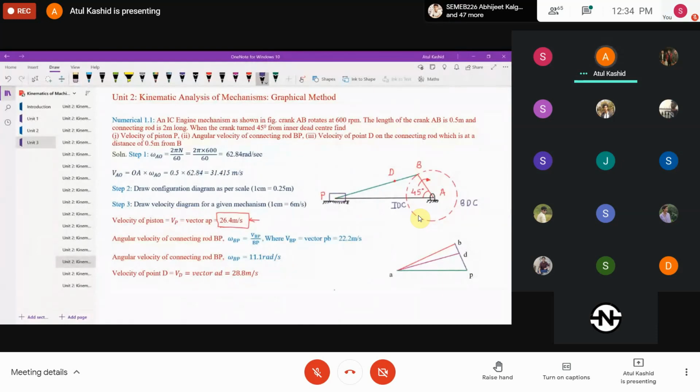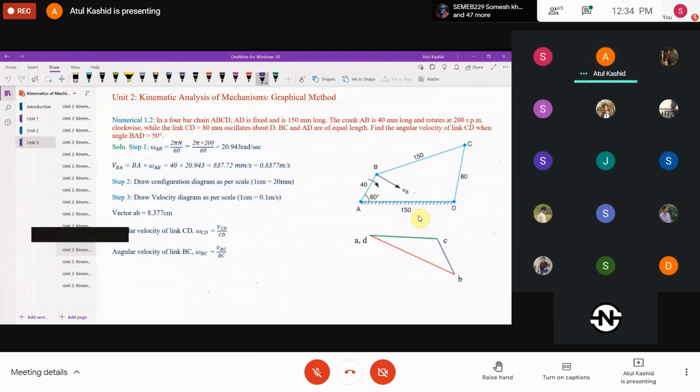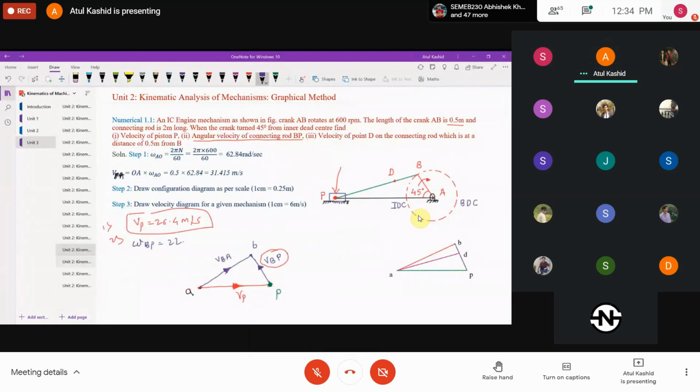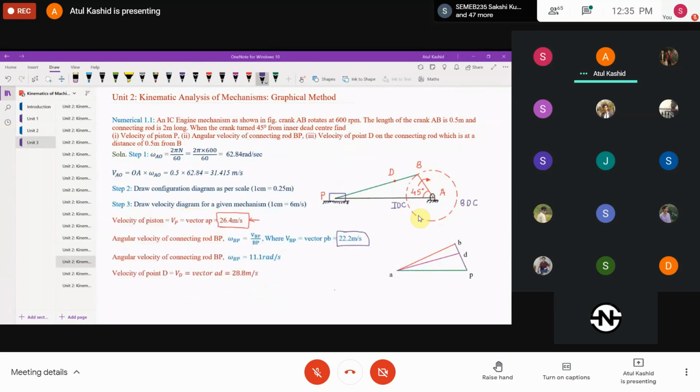So the answer is 22.2 meter per second. Okay, that was for the velocity of BP.